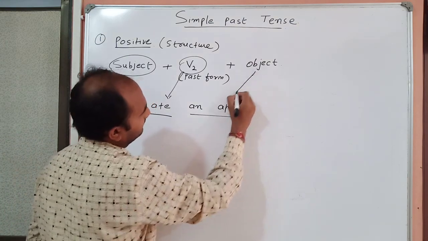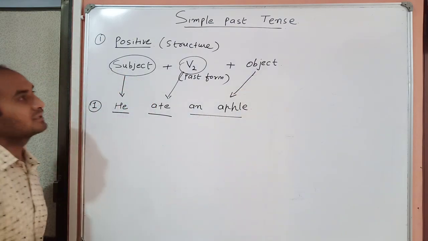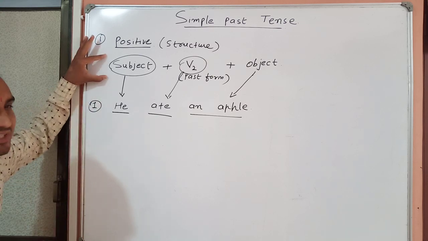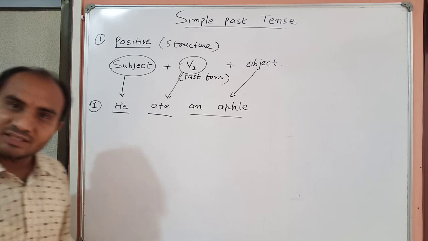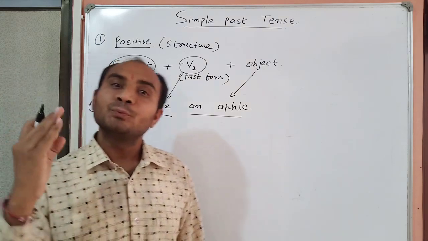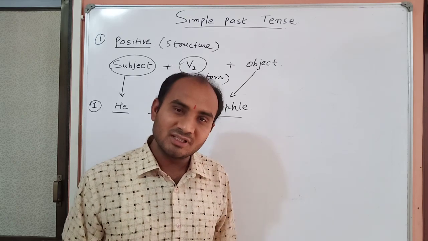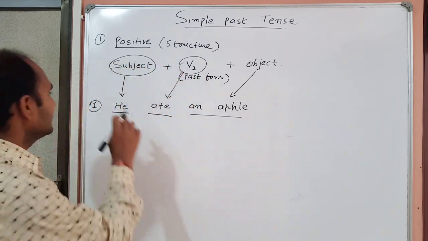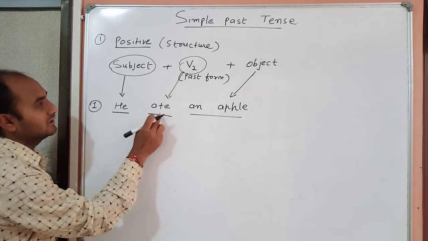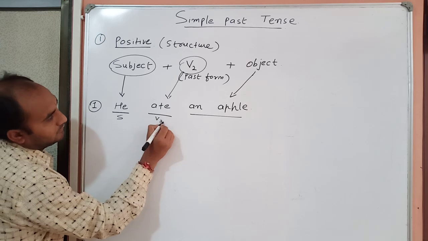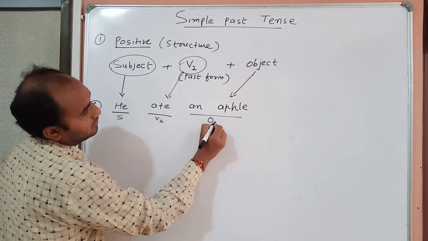An apple, that means object. So here the subject he, she, it, we, you, they, that means we will use only verb number 2, the past form. It is singular, and here subject, V2 and object.